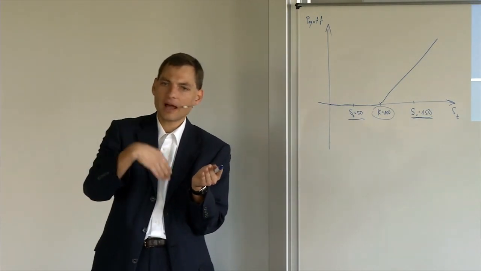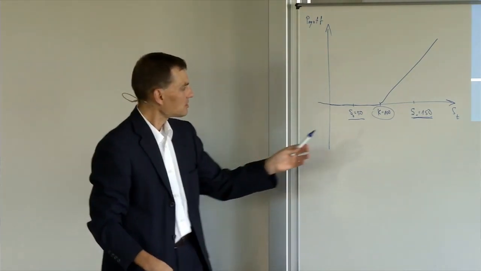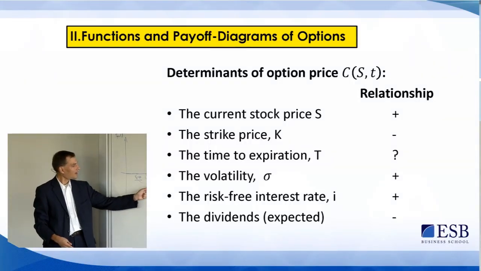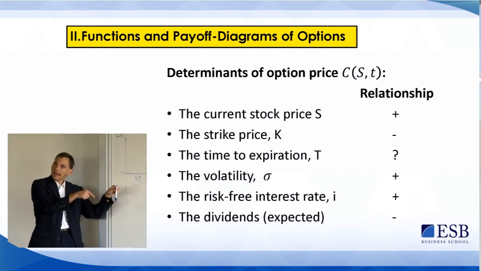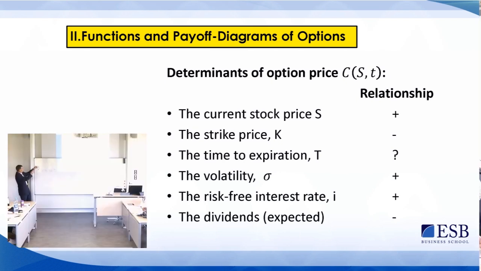Maybe it can increase in one day by $5 or by 10. But the likelihood, if the current price is just 50, that it is really at the end above 100 is lower. So the lower the price, the lower the likelihood that this option is exercised and you will get money from this option. And therefore, low asset price today, low price you have to pay for such a contract.